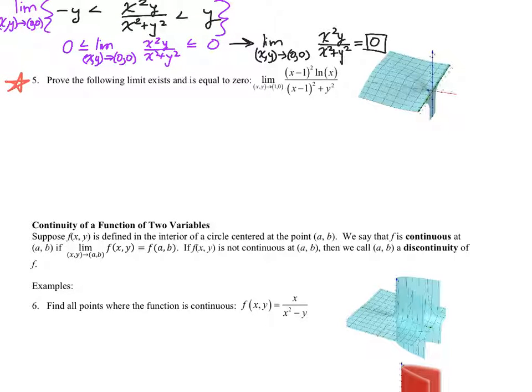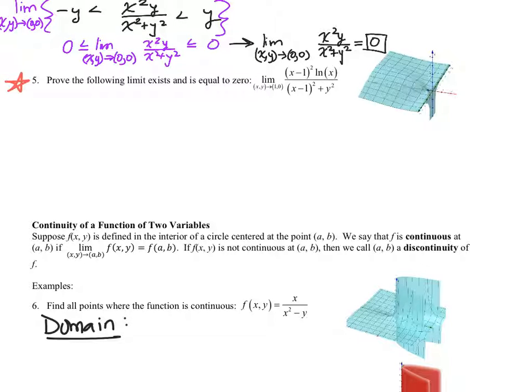Okay, I was wondering why I put this here, but this is actually the appropriate placement for it. So we're looking for continuity. In order to address continuity, we have to determine the domain. All right.